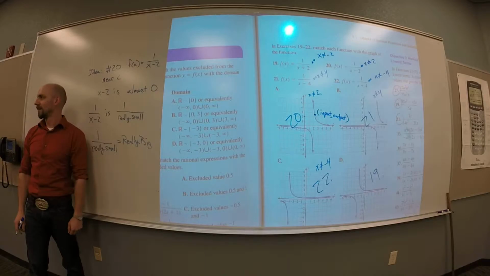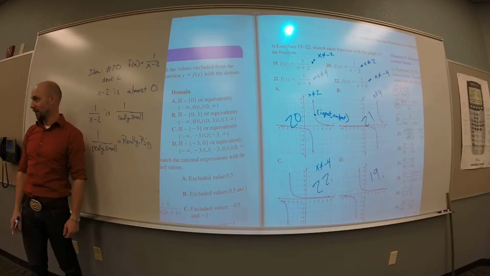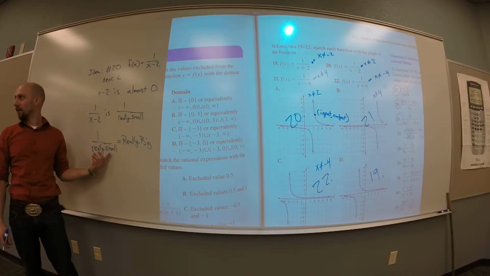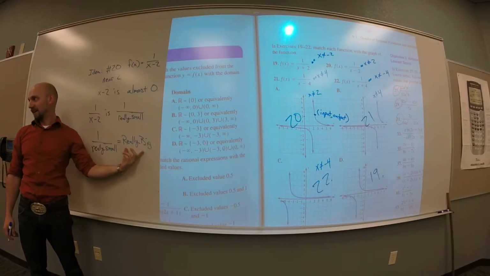Okay, see that? What's really big look like on my picture? This is the output that I'm talking about. So for inputs near 2, the outputs are really big. Really big looks like high y values.